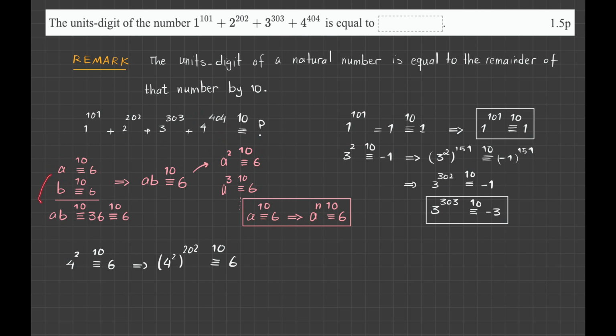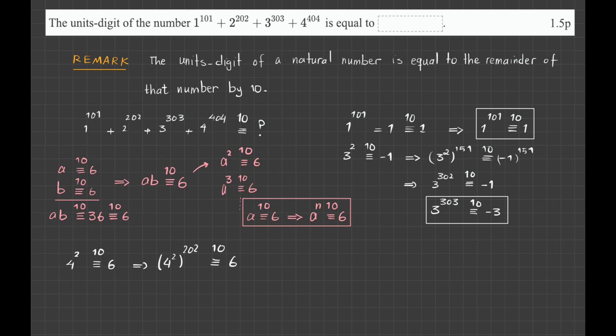Yes, so let me repeat. Here I was hoping that I was able to convince you that if a is congruent to 6, a to any power remains congruent to 6, of course, if I am working modulo 10. This is something simple because 4 to the power 2 is 16, minus 6 is 10, and 10 is divisible by 10. So this is a true statement.